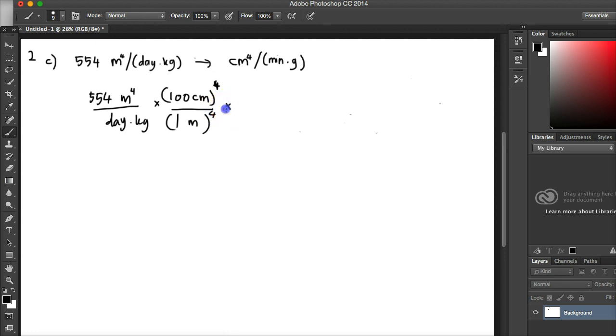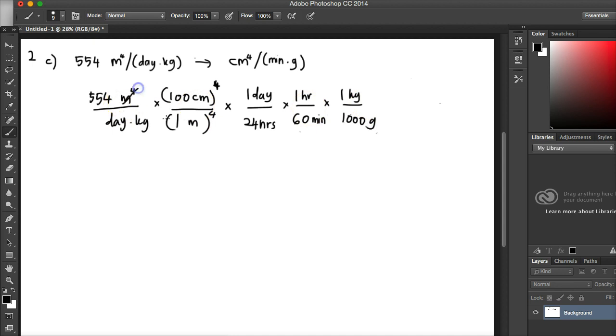And next we convert day to minutes, which is 1 day is 24 hours, and 1 hour is equal to 60 minutes. The last one is converting kilogram to gram, and 1 kilogram is equal to 1000 grams.